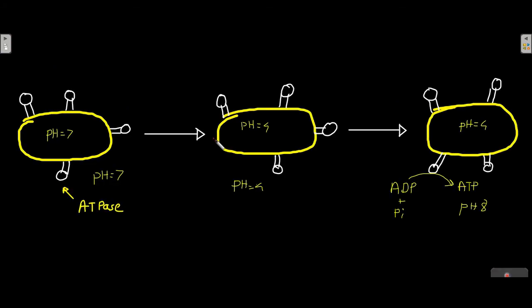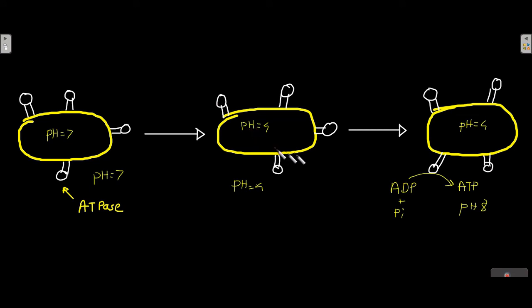So this is how the experiment actually went. This is the chloroplast thylakoid, present in a system where the pH is 7, so the pH in the lumen is also 7. We placed this thylakoid into a solution of pH 4, and the pH inside the lumen also became 4.